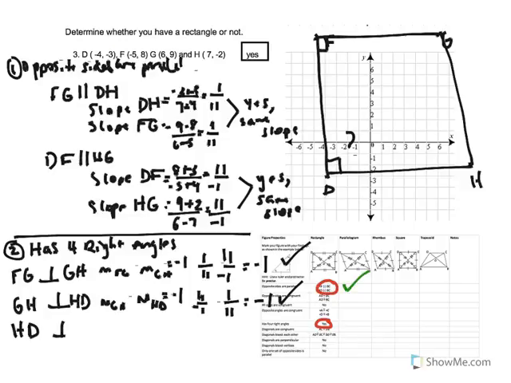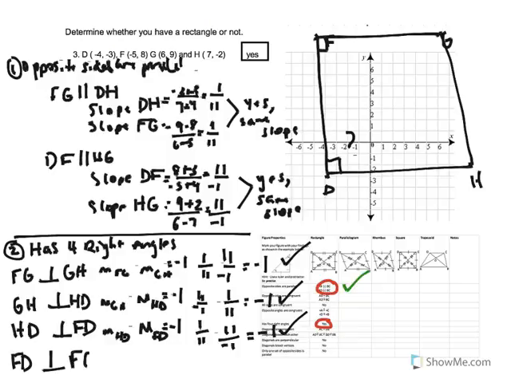Now let's prove HD is perpendicular to FD. The slope of HD times the slope of FD must equal negative 1 in order for the two lines to be perpendicular. The slope of HD is 1 over 11. I multiply that by the slope of FD, which is 11 over negative 1, and I get negative 1. Those three are perpendicular. Let's check the last set.